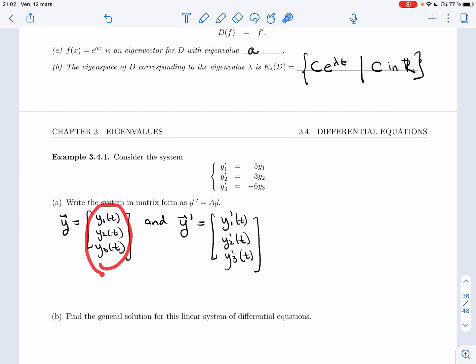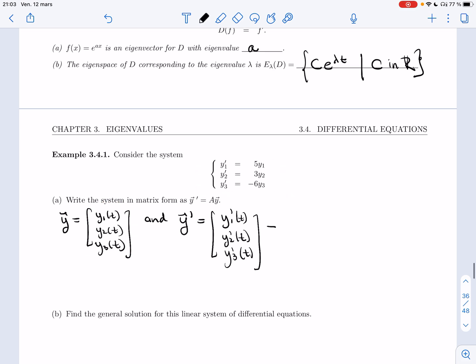If I assume that these are solutions to this system of equations, then y1 prime would be 5y1, y2 prime would be 3y2, and y3 prime would be minus 6y3. Okay, and I want to write this as a matrix times y, so let's see.